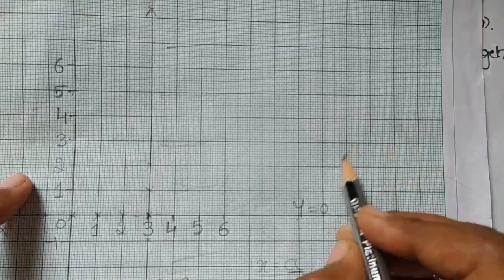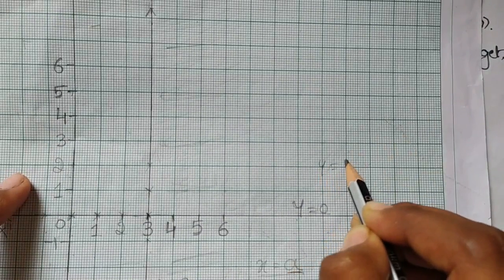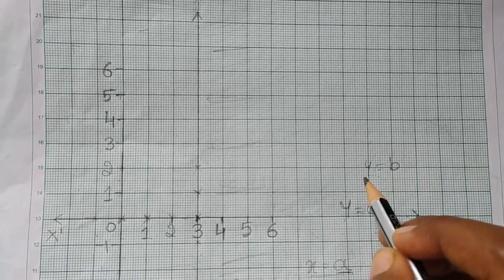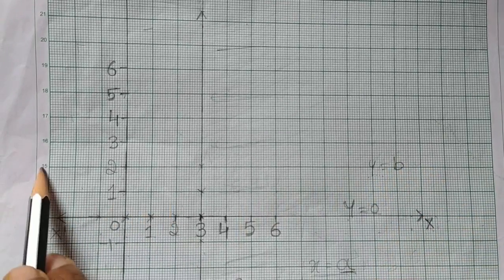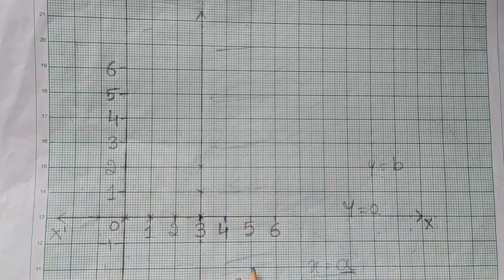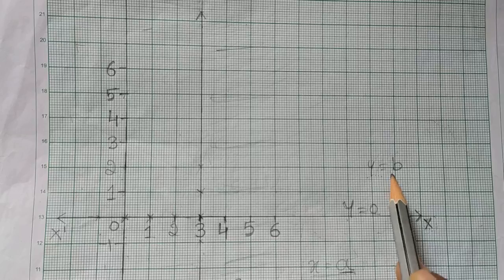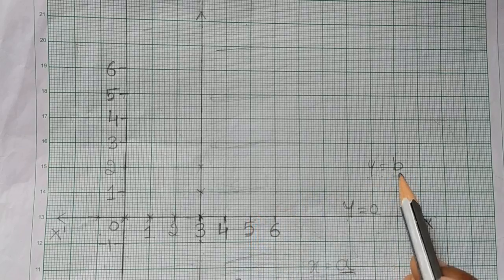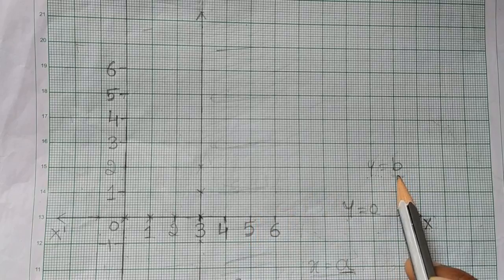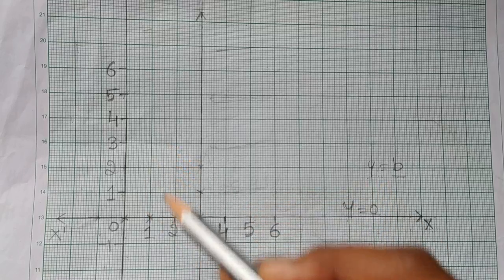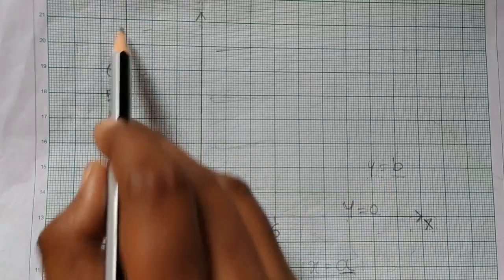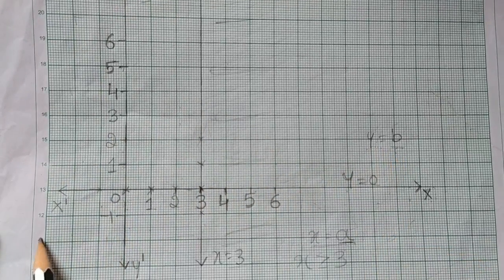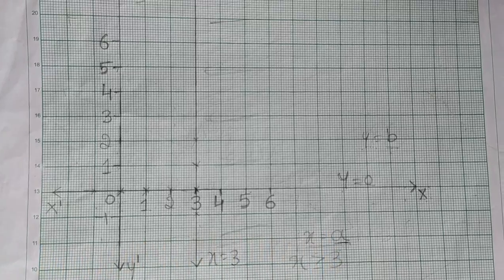Also note that if the equation is in the form y is equal to b, then this will be a line parallel to x-axis at a distance of b units from the x-axis. If the value of b is positive, then the line will lie above the x-axis towards positive direction of y. If b is negative, then the line lies towards the negative y-axis.